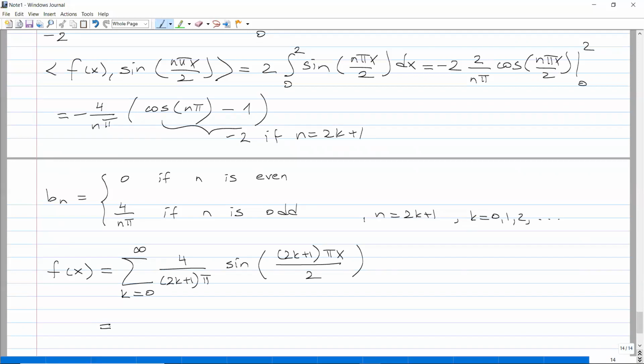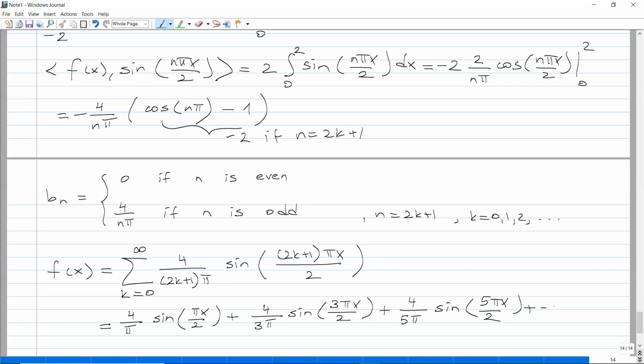For k equals 0, we have 4 over pi sine of pi x over 2. For k equals 1, we have 4 over 3 pi times sine 3 pi x over 2. For k equals 2, 4 over 5 pi sine of 5 pi x over 2. So it's an infinite sum like this.